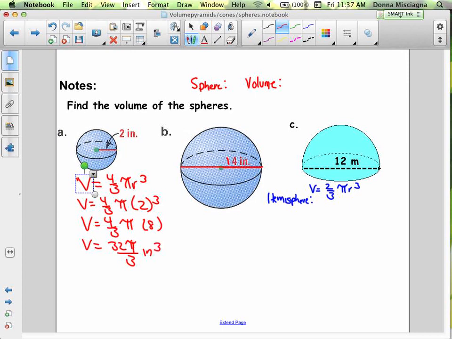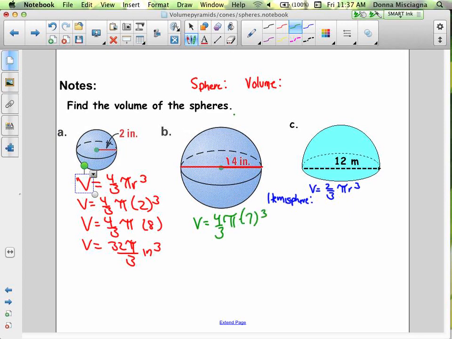All right, let's do the next one. Volume equals 4/3 pi, and then 7 cubed.